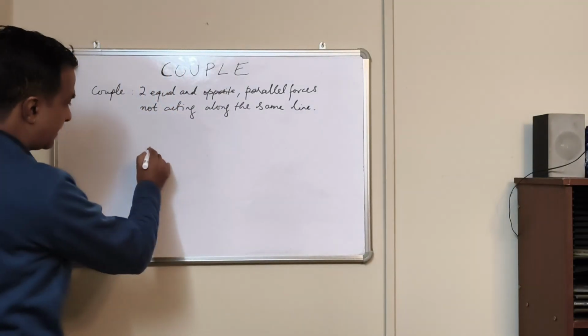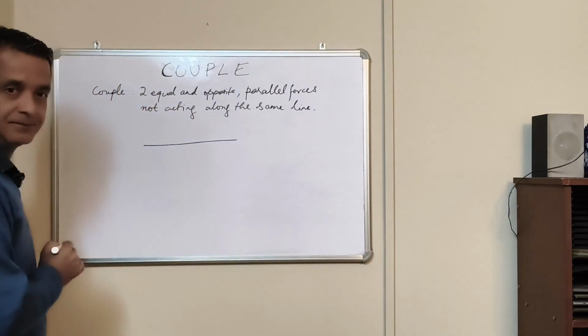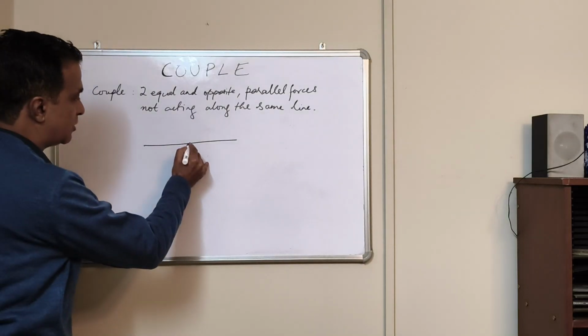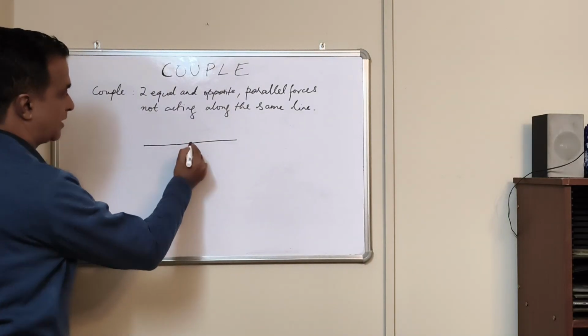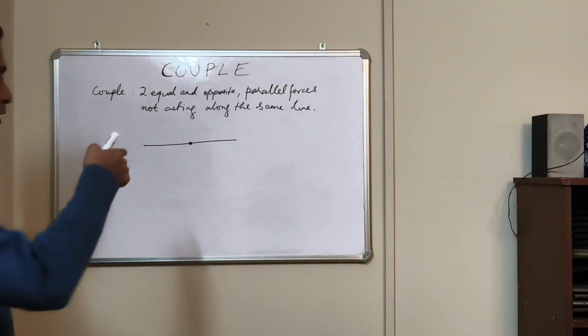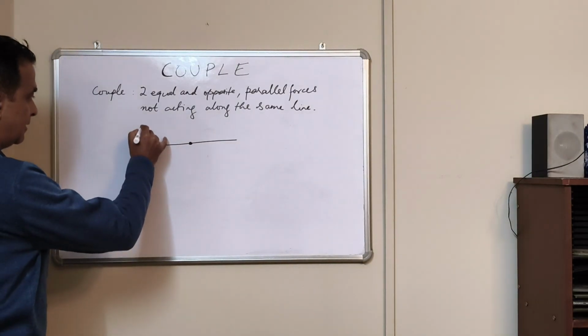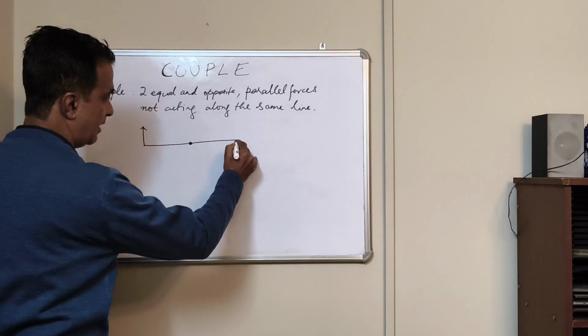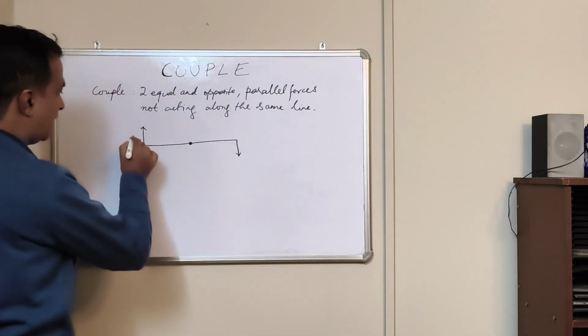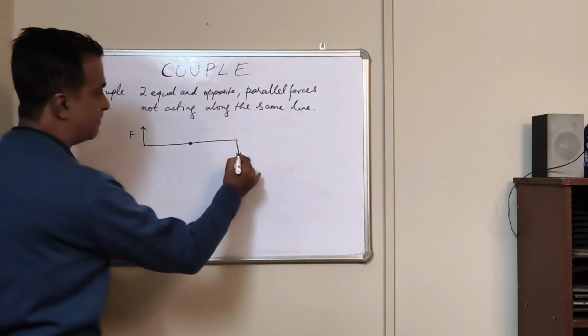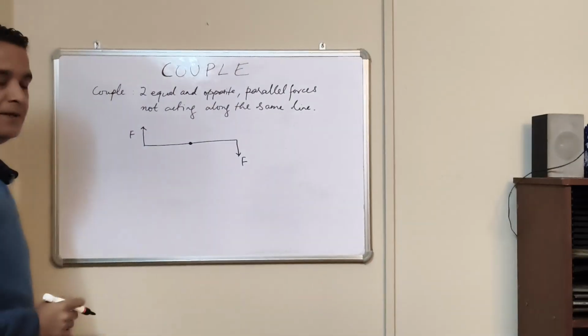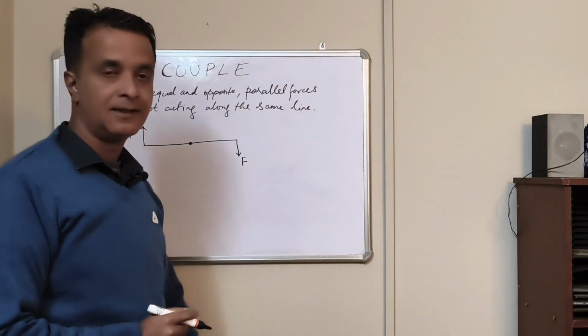Now to understand this, supposing here is your meter rule. This is your axis of rotation. So either it's kept on a knife edge or is pinned to the wall with the help of a nail. Now if supposing there are two forces acting, one in this direction and one here, and both these forces are equal in magnitude, meaning 10 Newton here, 10 Newton this side.